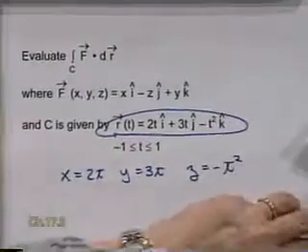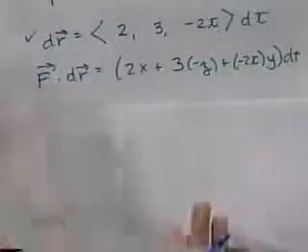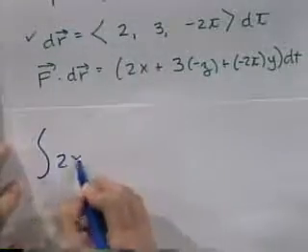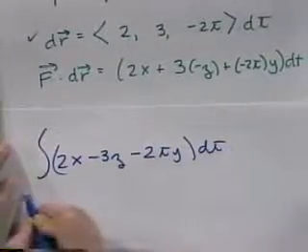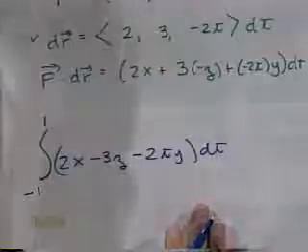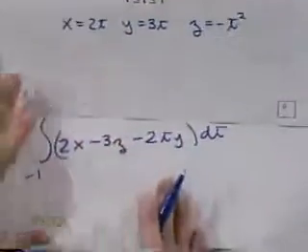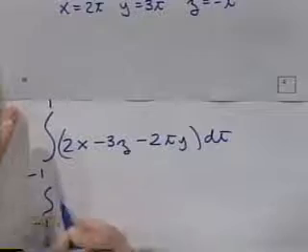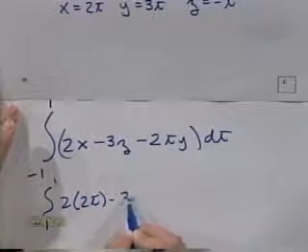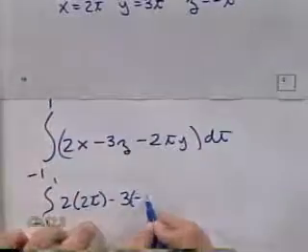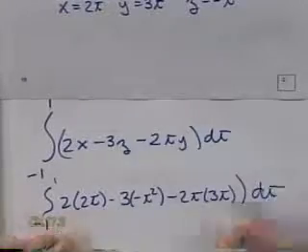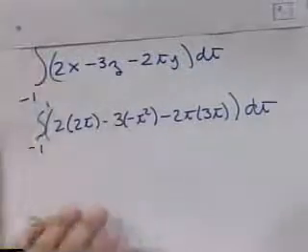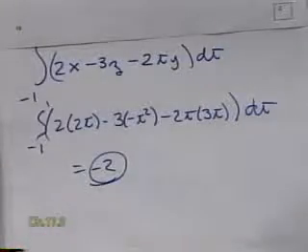So I have the integral of 2x minus 3z minus 2ty dt as t goes from -1 to 1. On the curve, x is 2t, so we'll have the integral from -1 to 1 of 2 times 2t, minus 3 times z, which is minus t squared, minus 2t times y, which is 3t, dt. It's a simple polynomial that you have to do, which if you do it, you will get -2.